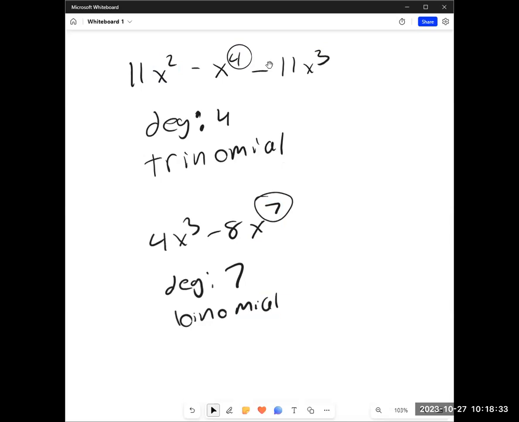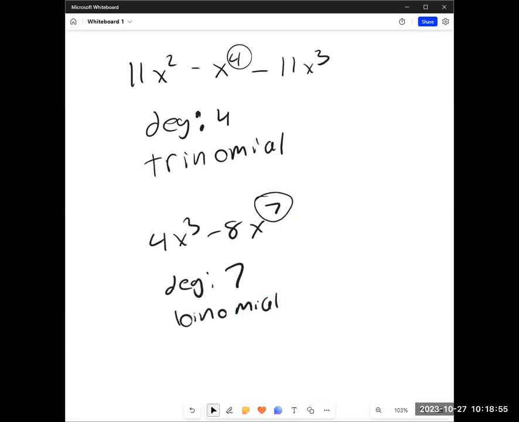Once you have simplified and combined like terms, you make this decision. You don't make this decision before you simplify. I see that I have 3 different terms separated by plus or minus signs. So that's going to be a trinomial. And in this case, I have 2 terms separated by plus or minus signs. So it's going to be a binomial.